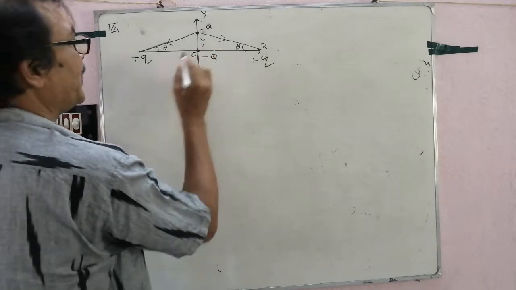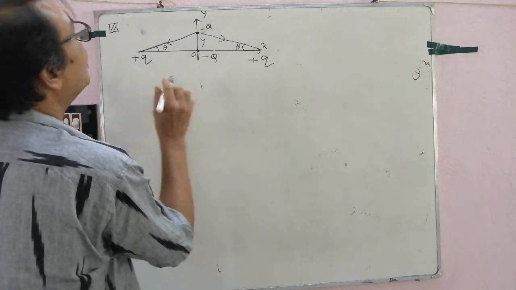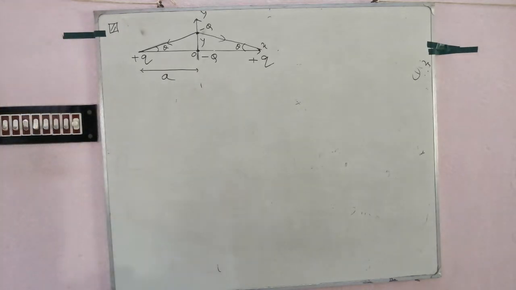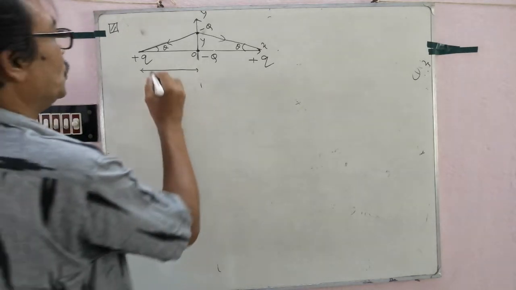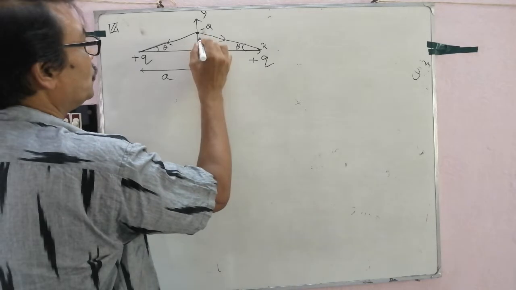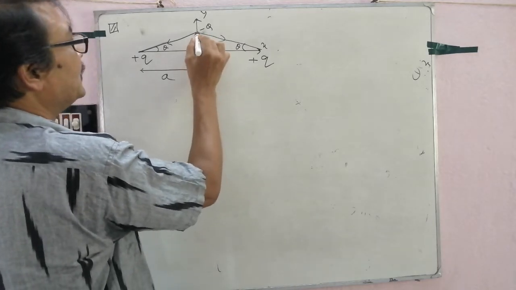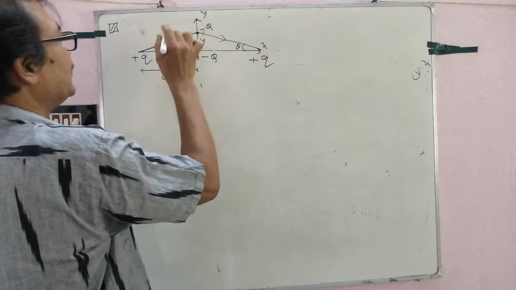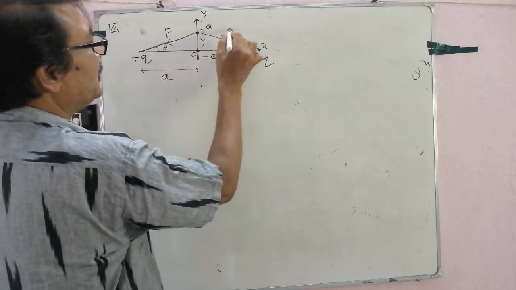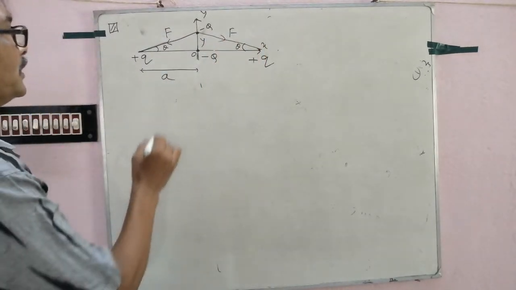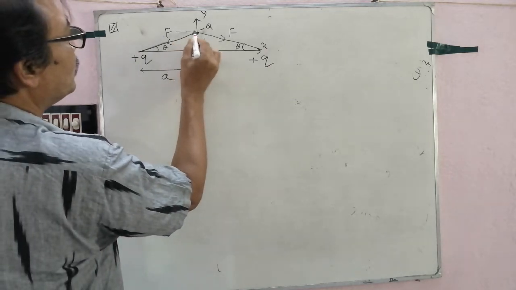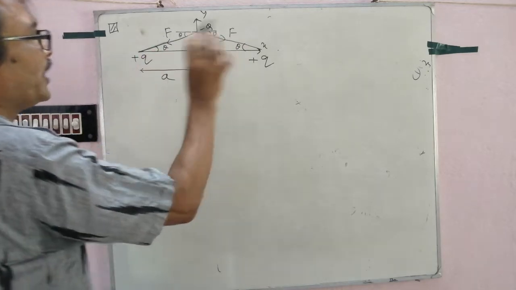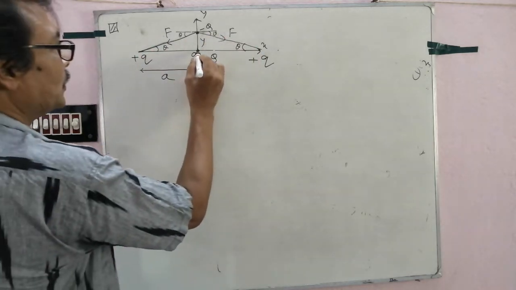Suppose the displacement y is very small, and the distance of the center from O is A. So here, this is the attractive force F, this is also F, this is theta, this is theta. So F cos theta cancel each other.